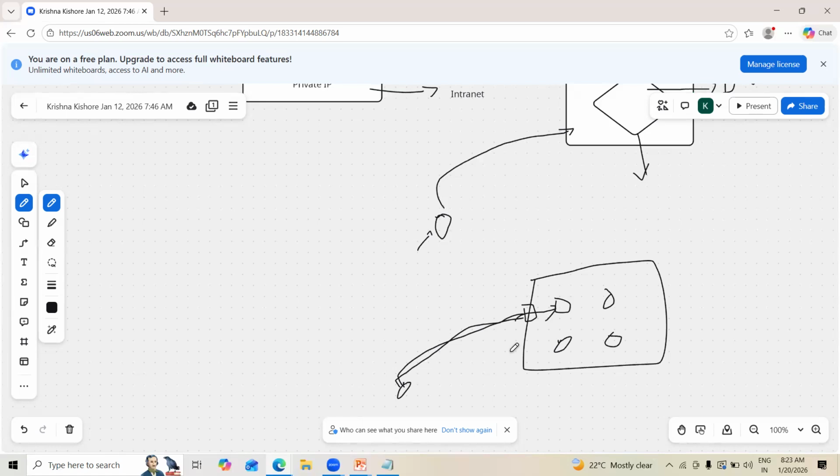Otherwise, if he comes out from the house, he can communicate without any requirement. So whenever you have a public IP on the server, even though it shows as within the network, you are publicly available. So anyone can connect to you because you have a public IP.